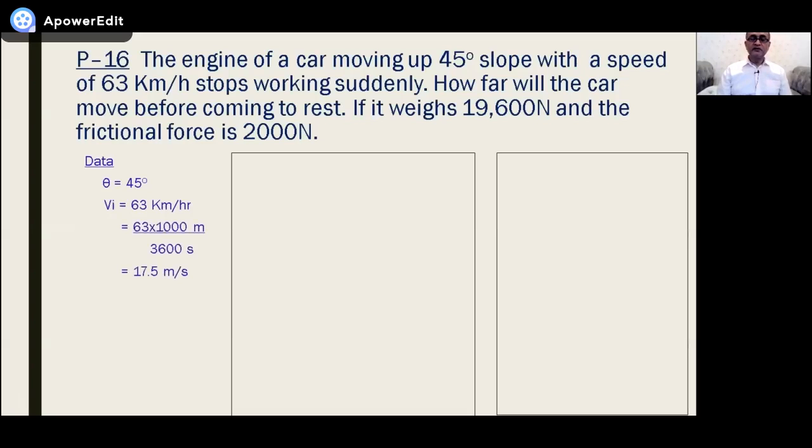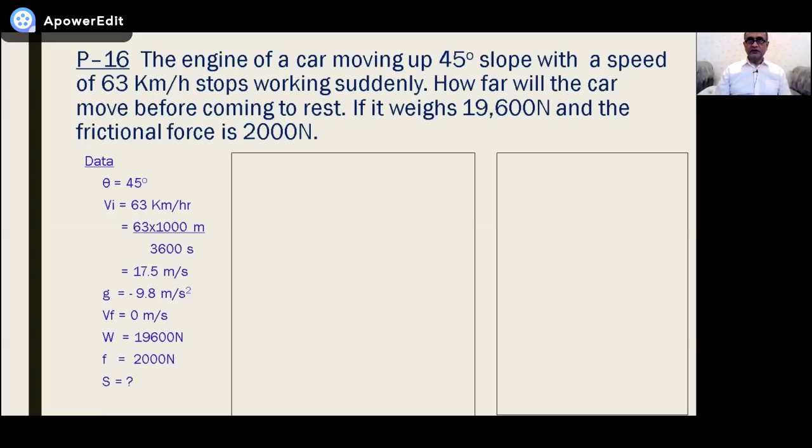Simplifying it, we get 17.5 meter per second. I hope you know it. Then the value of G is minus 9.8 meter per second square. Final velocity is 0. Weight is 19,600 Newton. Frictional force is 2,000 Newton. These are the two additional parameters which were not there in the previous problem.